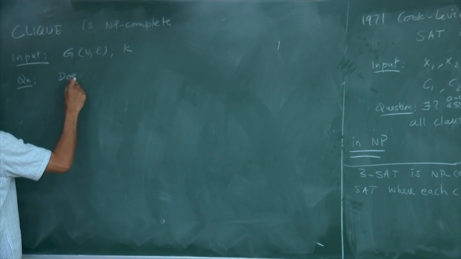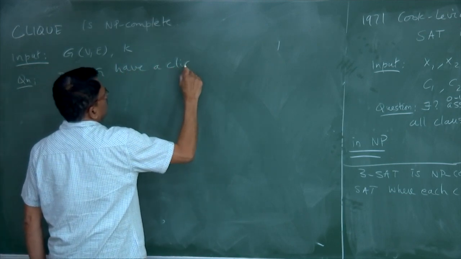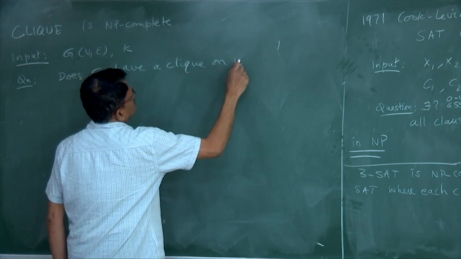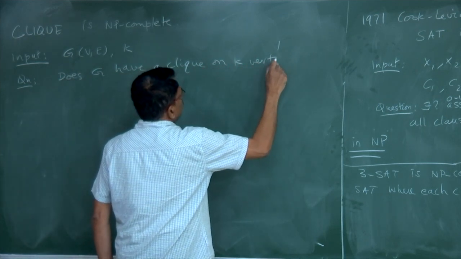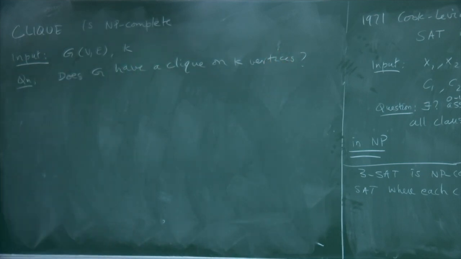Does G have a clique on k vertices? What is a clique? You all know it is a subset of vertices which are pairwise adjacent. Every pair of vertices in this subset has an edge. Typically, an interesting question is what is the maximum size clique in the graph?